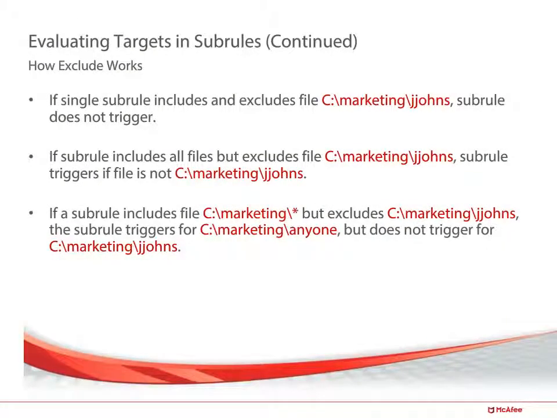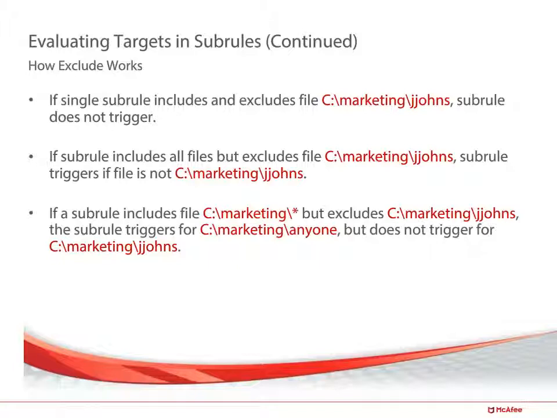In further understanding how the exclude works, if a single subrule includes and excludes a file, for example c:/marketing/jjohns, the subrule will not trigger. But if the subrule includes all files but excludes the file c:/marketing/jjohns, the subrule will trigger if the file is not jjohns.